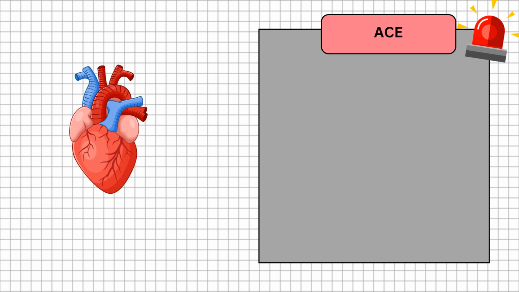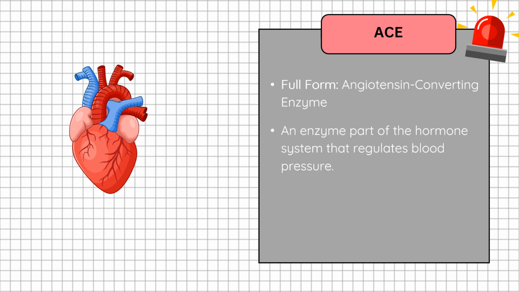The next abbreviation is ACE. The full form of ACE is angiotensin converting enzyme. This enzyme is released by the vascular endothelium of major arteries, for example in the lungs and kidneys, and it is a part of the hormone system that regulates the blood pressure of the body.